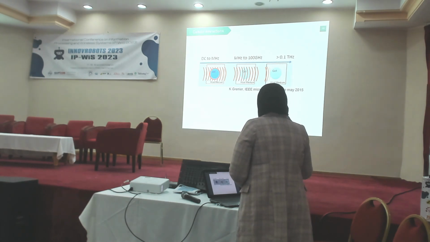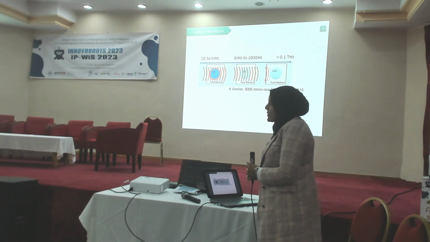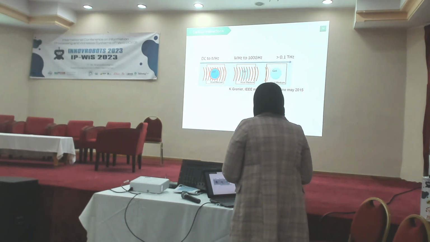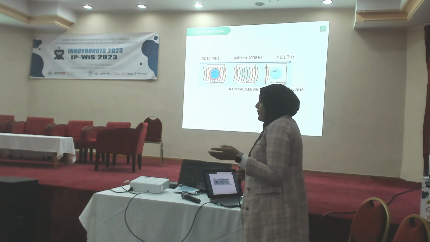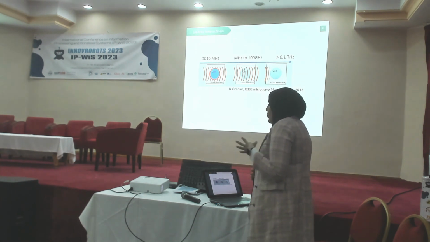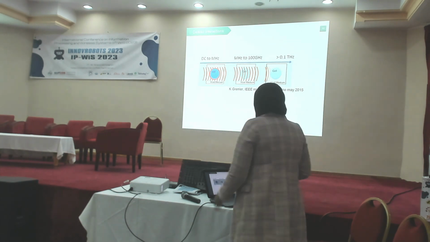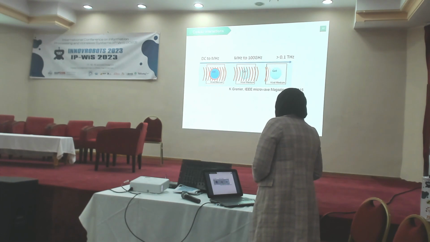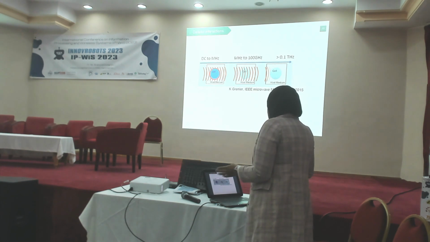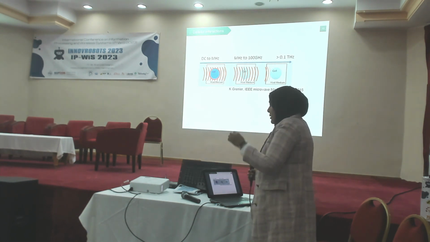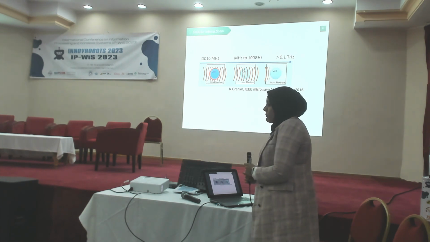Here, the picture presents the interaction of electromagnetic waves with cells. We can see that at megahertz frequency the interaction of the electromagnetic wave is with the membrane of the cell. When we work in megahertz frequency, we will have information about just the membrane of cells, which indicates the dimension.